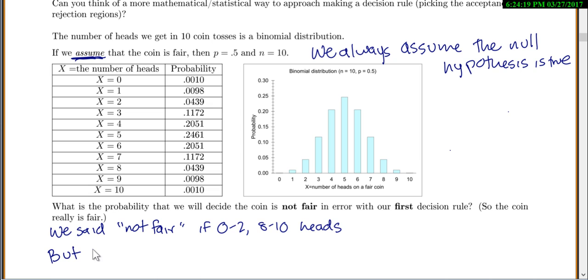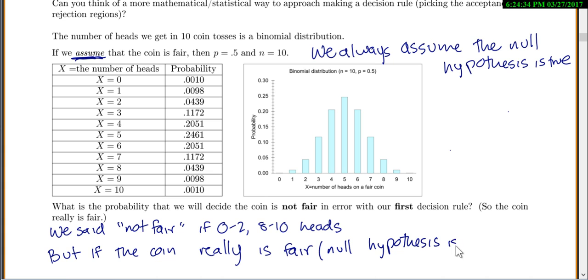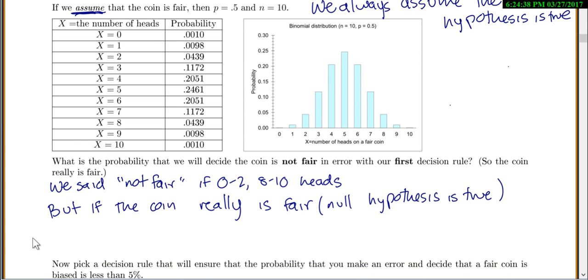Okay, but if the coin really is fair, so the null hypothesis is true, then the probability of getting 0, 1, 2, 8, 9, or 10 heads is what? Okay, so let's come back up.